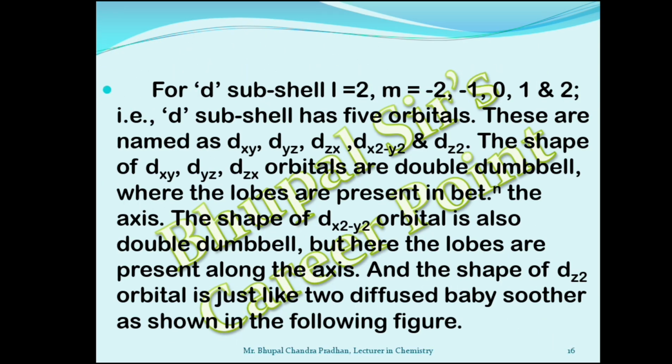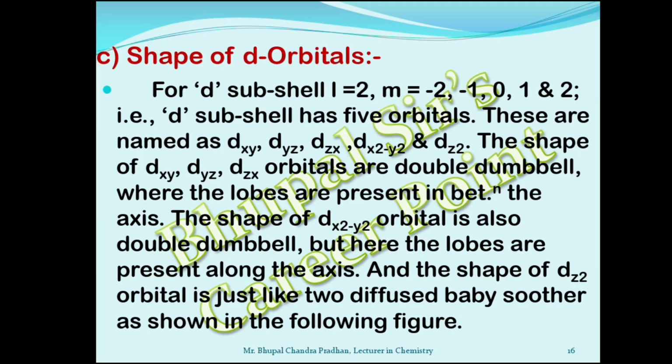Now compare the shape of d orbitals. For the d subcell, L is equal to 2, M is equal to minus 2, minus 1, 0, 1 and 2. That is, the d subcell has 5 orbitals. These are named as dxy, dyz, dzx, dx square minus y square and dz square.